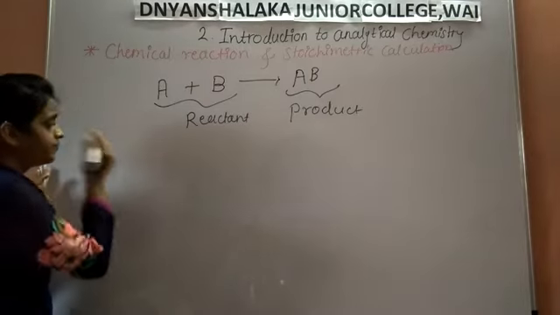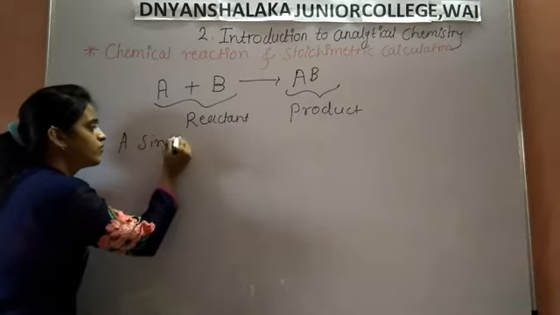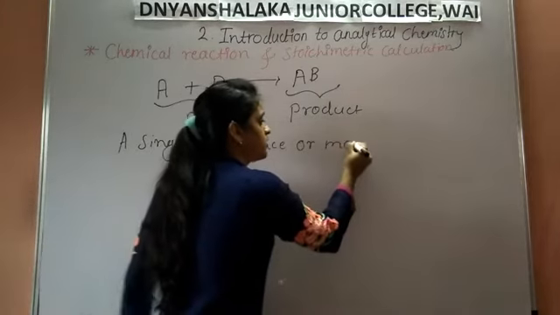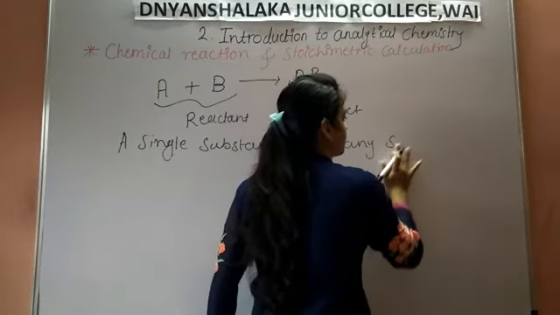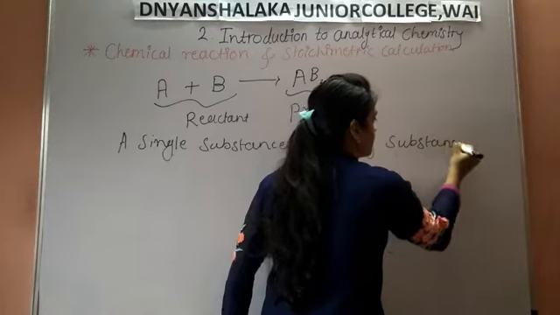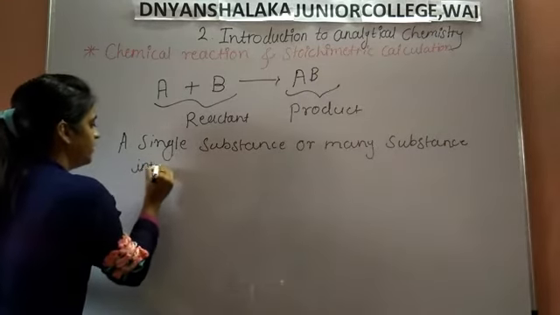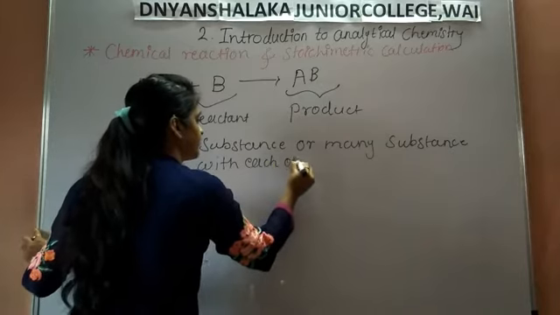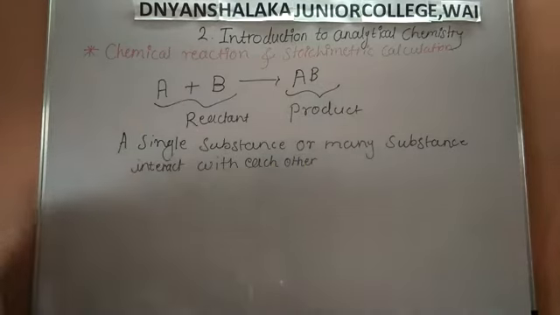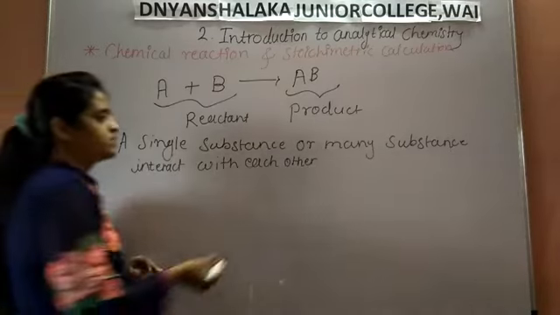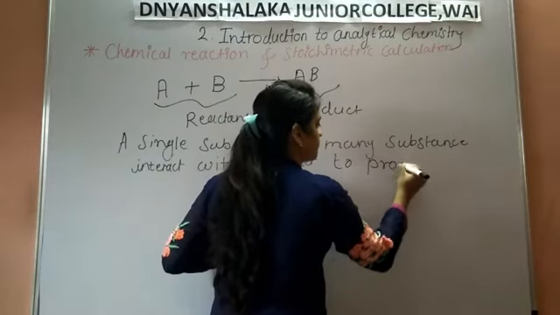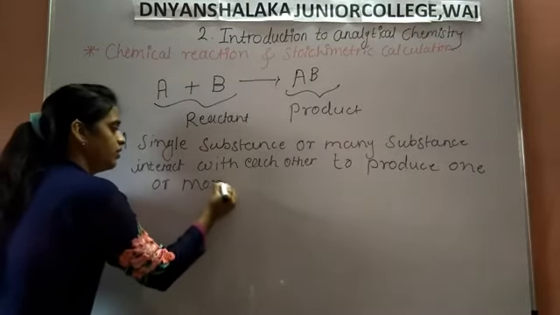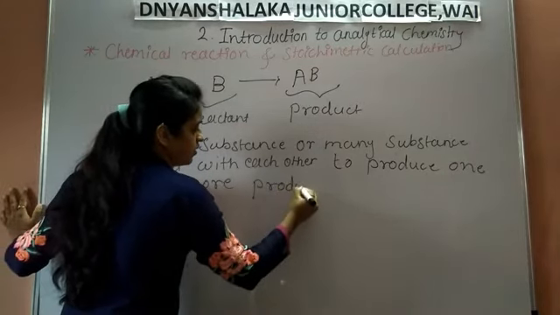So the definition of a chemical reaction: a single substance or many substances interact with each other to produce one or more substances, the products.